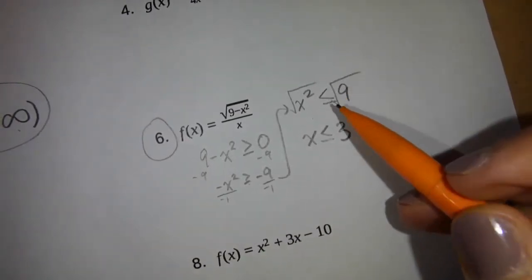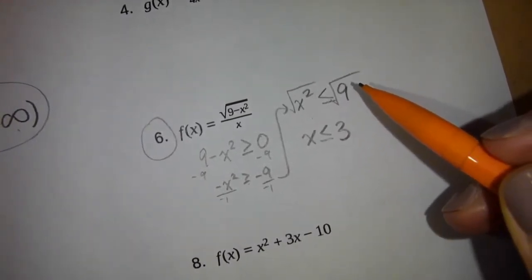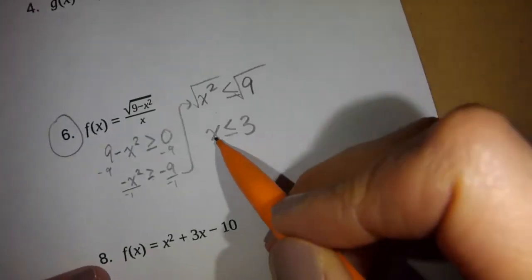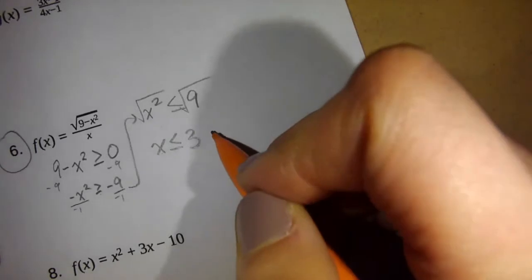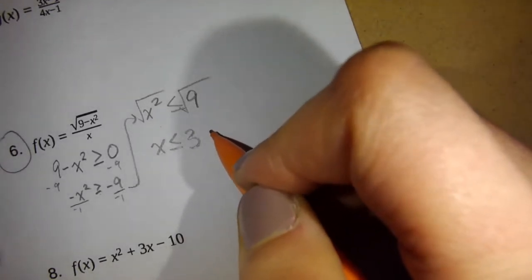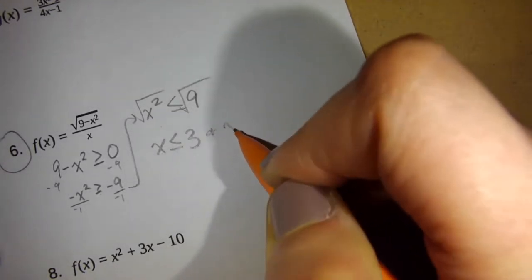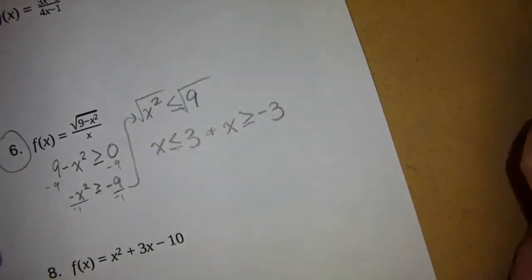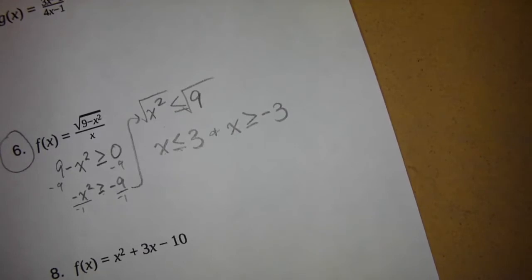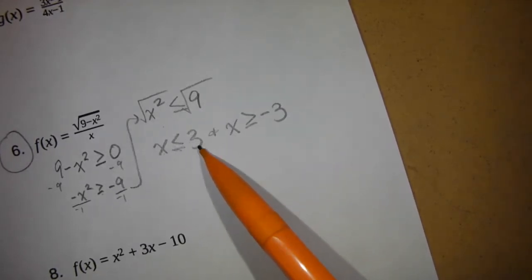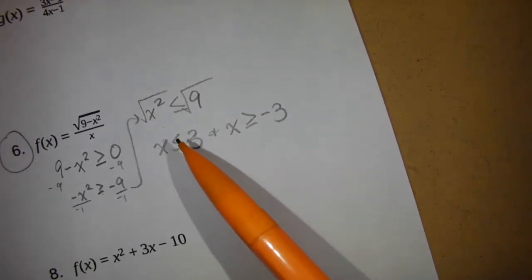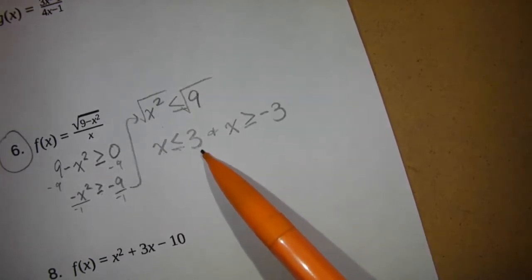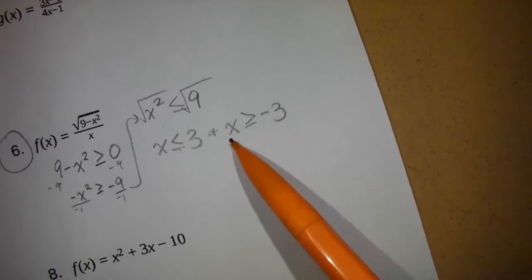But remember, when you take the square root, it could be positive or negative for your answer. So since it could be positive or negative, it would be x is less than or equal to 3, and x is, we flip the sign, greater than or equal to -3. So for the +3, the sign stays the same, but for the negative option, we have to flip it.